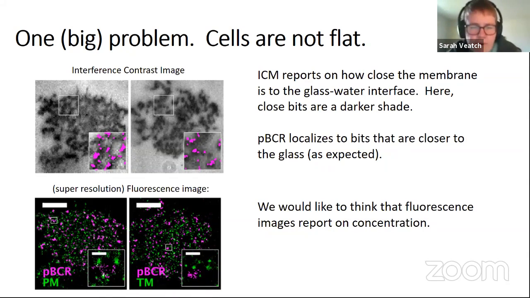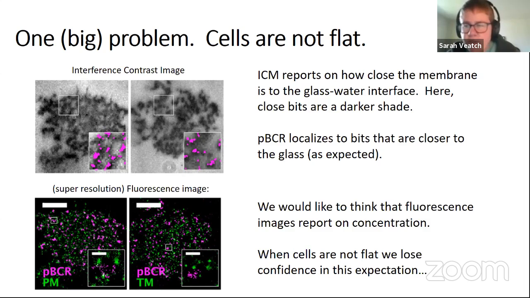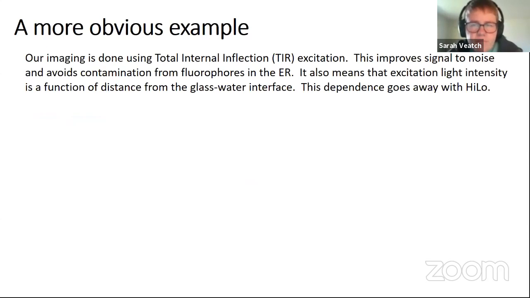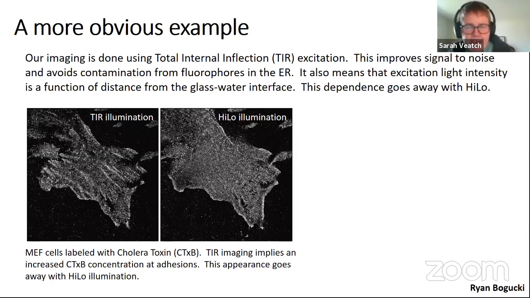But as soon as the membrane's not flat, we lose a lot of confidence in this expectation, both because we're looking at a 2D projection of a 3D object, and that introduces its own problems. But also we're imaging in total internal reflection, which is an imaging method that is brightest very close to the cover slip.